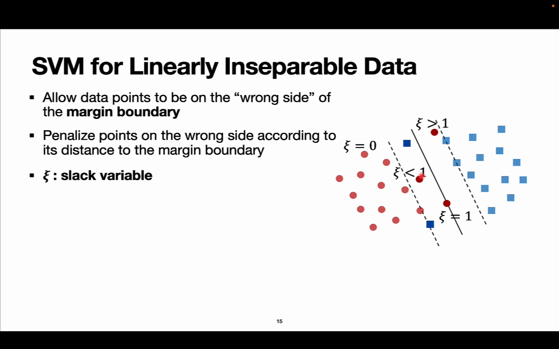For this dark red point, the value of xi i is somewhere between 0 and 1 because it crossed the margin boundary, but it's still on the right side of the line. On the other hand, this dark blue point, or dark red point, crossed to the opposite side where it should not be, so the value of xi i is greater than 1.